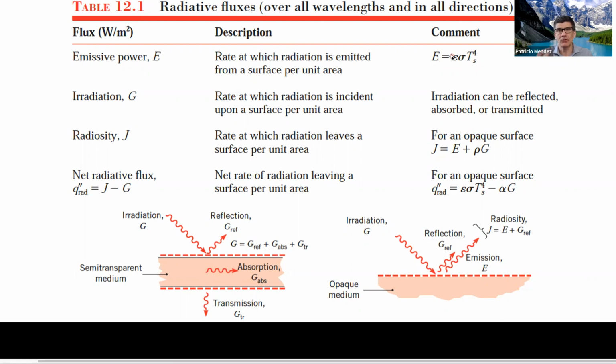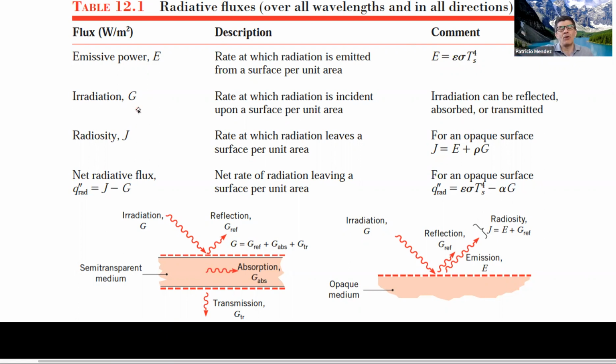The metals shine because they reflect the light very much, but not because they emit very much. One thing is emitting because you're hot, the other is reflecting the light. I'm going to show you examples of this. So E, emissive power, is you're hot, you emit.